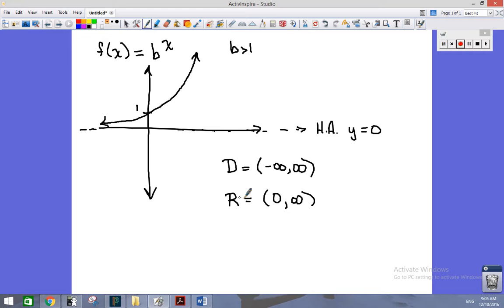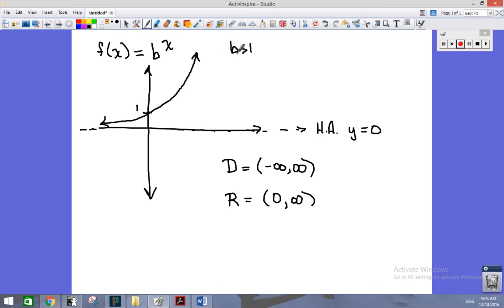The domain is always going to be all real numbers for any exponential function, no matter what the transformations are. The range is dependent upon the transformations on y. So we do need to be aware of that.